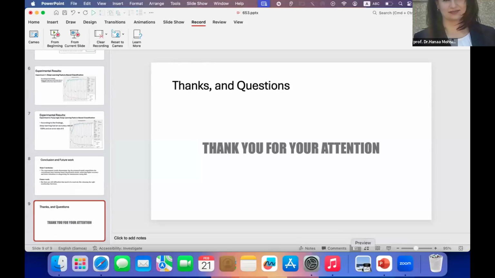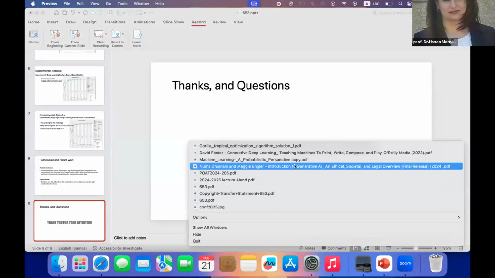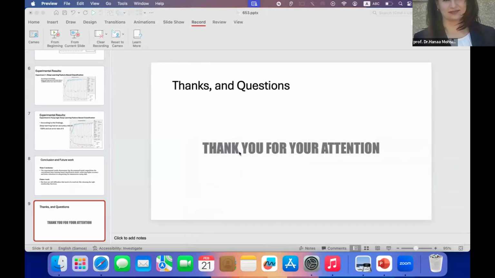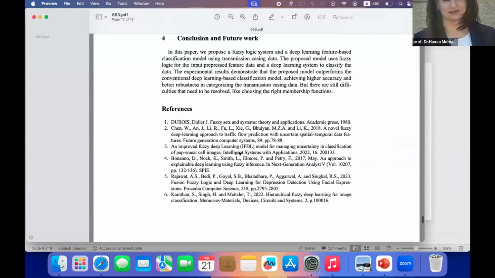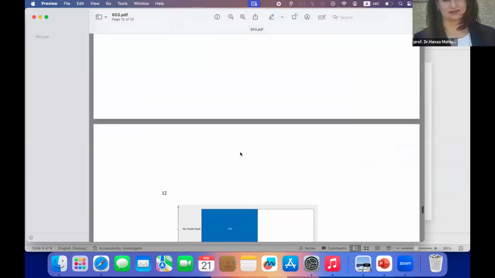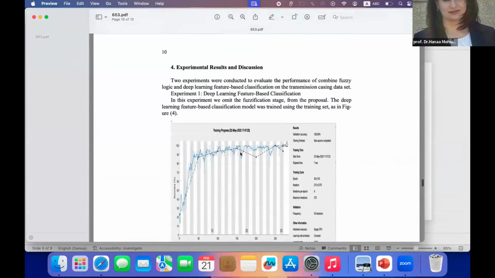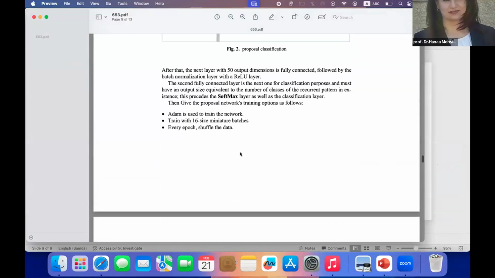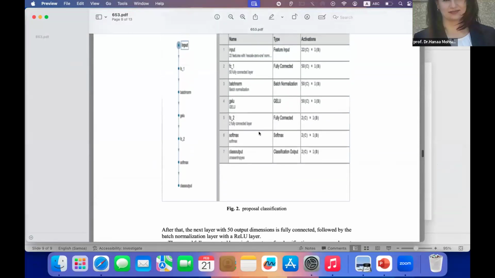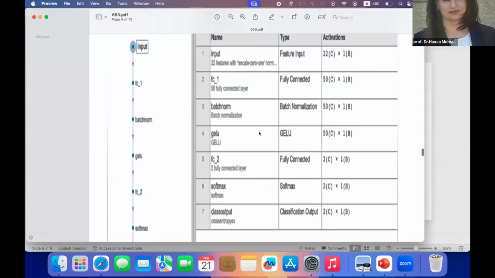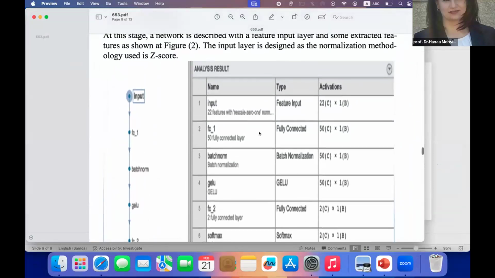Okay, I'll present this part using my paper to show you the model which I used. I can show you the stages of the model.